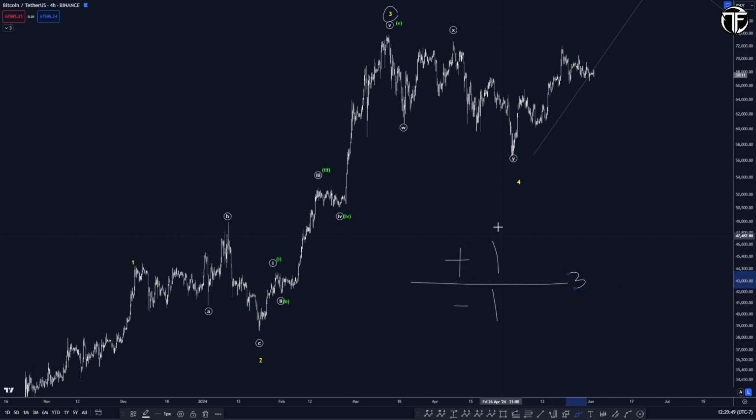So if we were at least at an intermediate wave 3, like that, or we were looking at a minute wave 3, but in reality it was a minor wave 3.